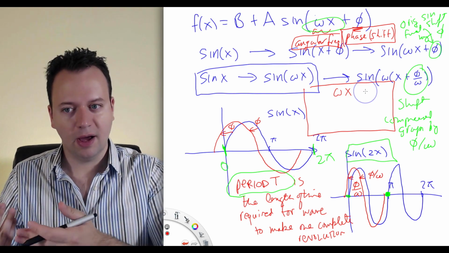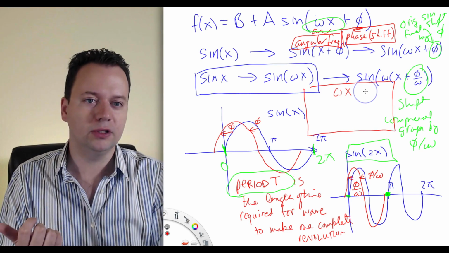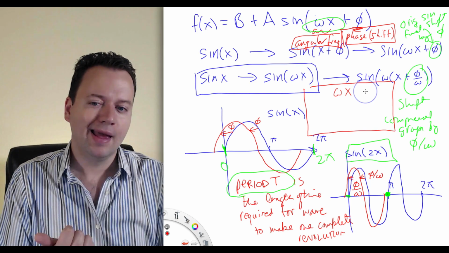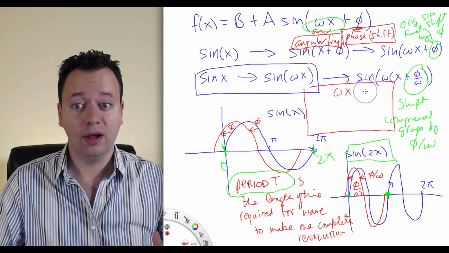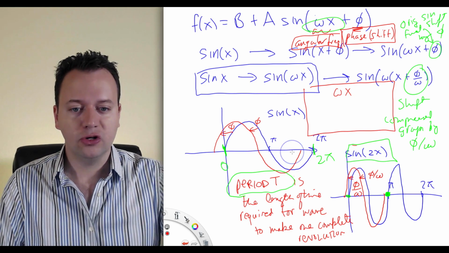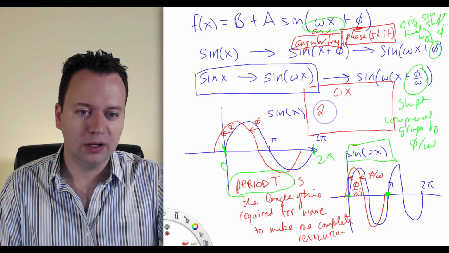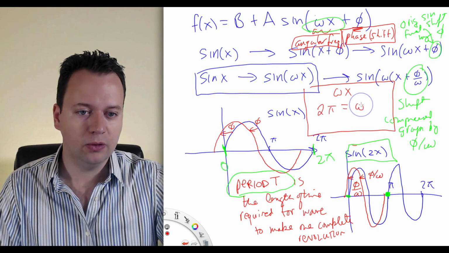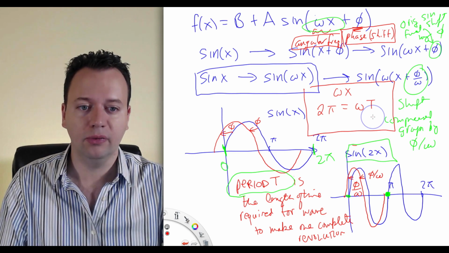I'm really just thinking about from the beginning to the end of a cycle, so I'm not worried about the shifting amount, so I just think about omega x. And the idea is, I know that when you reach the period, you've made one complete cycle. Now in the original picture, one cycle is 2 pi. So what I want to do is set 2 pi equal to omega times the time, whatever the time is, to make one complete cycle.